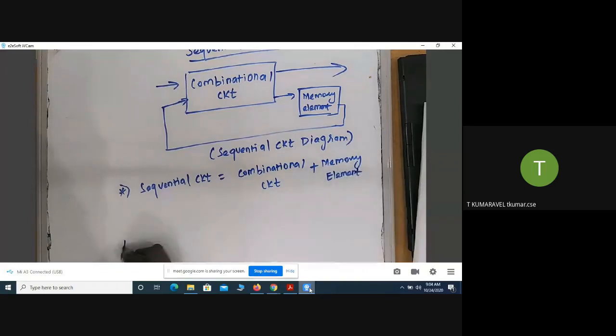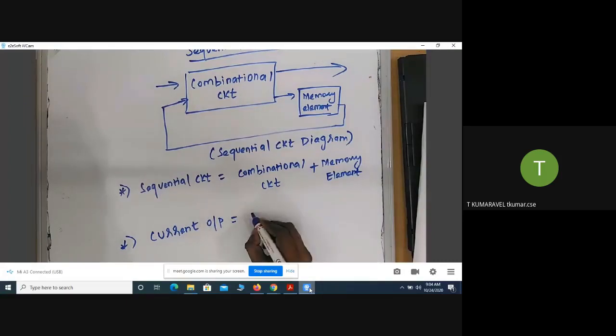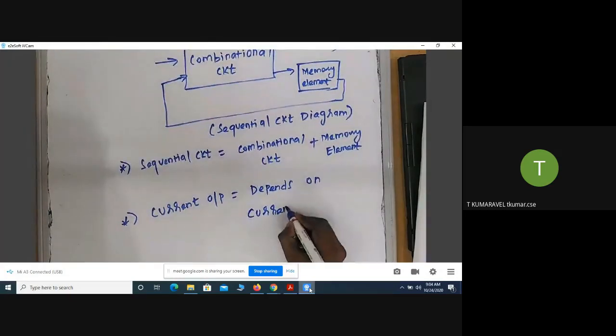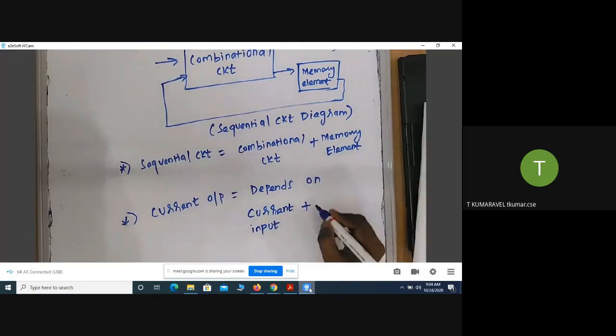And the second observation is, suppose the sequential circuit is going to produce a current output. The current output depends on the current input value as well as the previous output value.